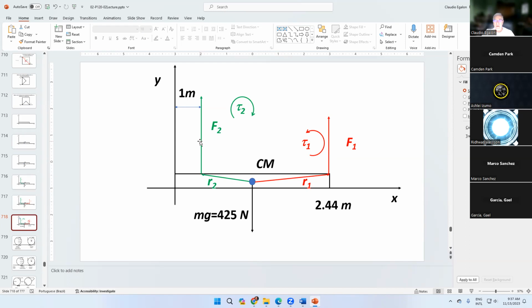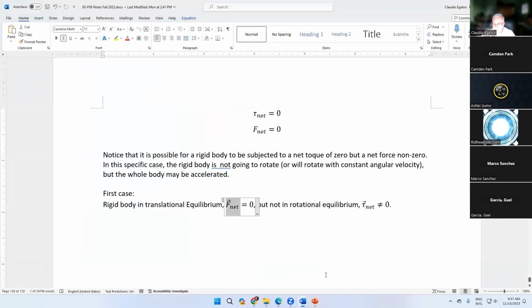So F1 and F2 are going to have a torque. But the weight will not have a torque because the point of application of the force is at the point where we're choosing the rotation of the object. So let's write that down there. Okay, net force.